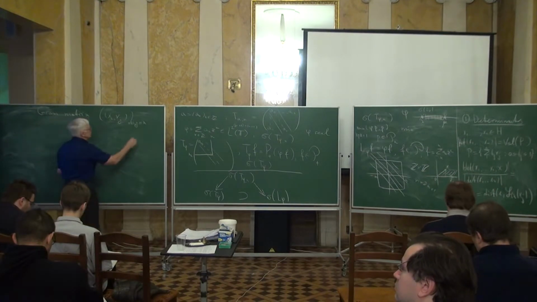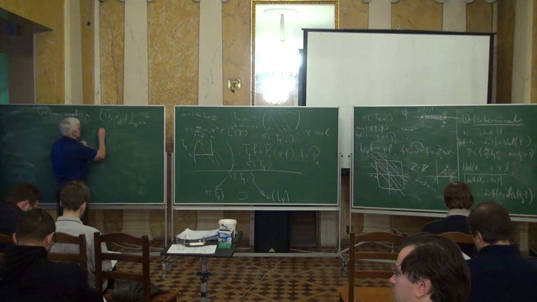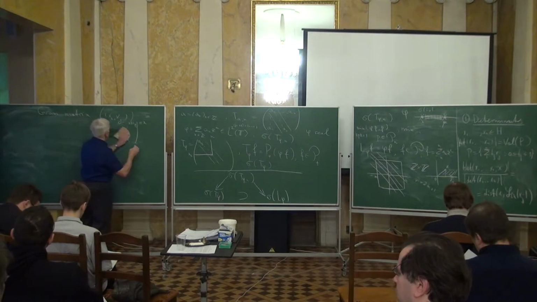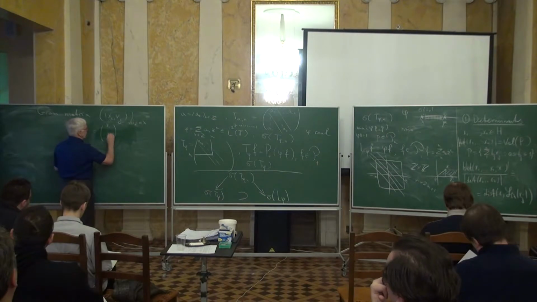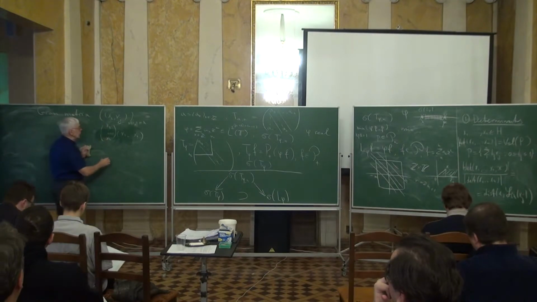We can say that this is the product of two matrices: the matrix of x1 through xn as lines by the matrix of x1 through xn in the other direction.